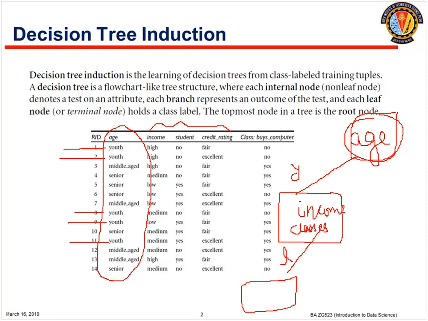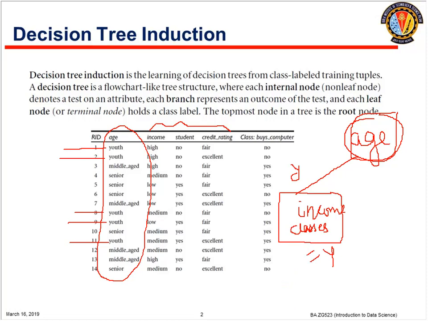Let's look at the top here. Let us say there was a case in which all the examples, when age is equal to youth, all were yes. In this case what happens? Now all the examples are yes, so you have to stop here.